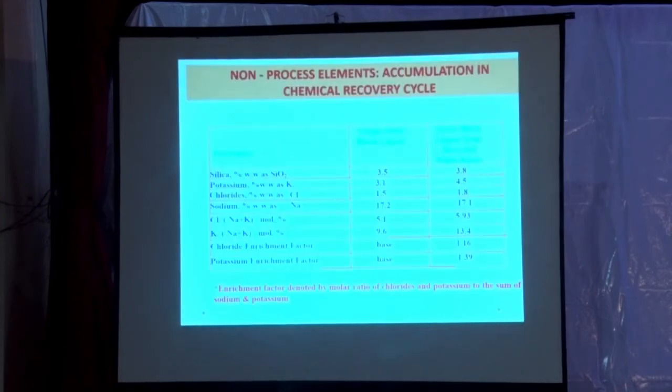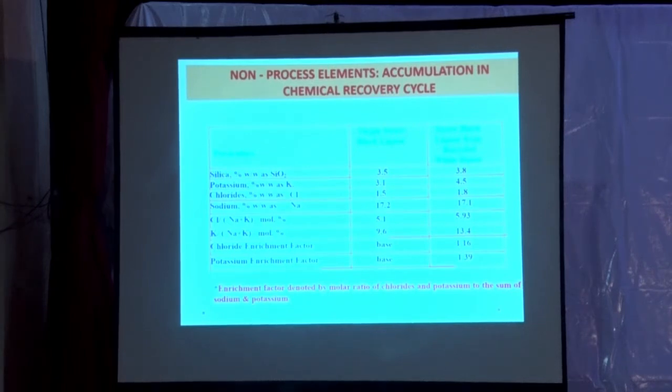Now, how does the build-up take place? We have done some study at CPPRI. What we did actually, we prepared a virgin white liquor. Virgin white liquor means we take NaOH, we take Na2S, make a white liquor and cook. It means we can say there is no silica, no potassium, no chloride in the white liquor.